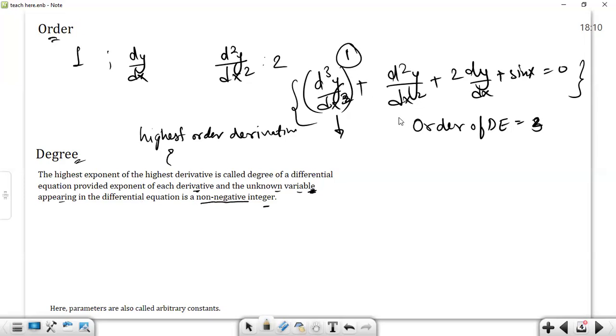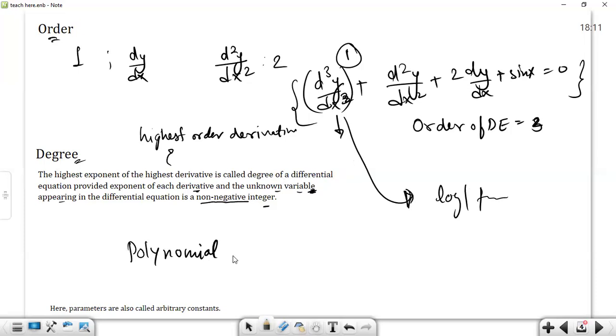It means that if its power is in fractions, then it should be in integer format. If some function like a logarithm or trigonometric function is attached to these derivatives, then we will not be able to find its degree. So basically, we will be able to find the degree of a differential equation which is in the format of a polynomial.